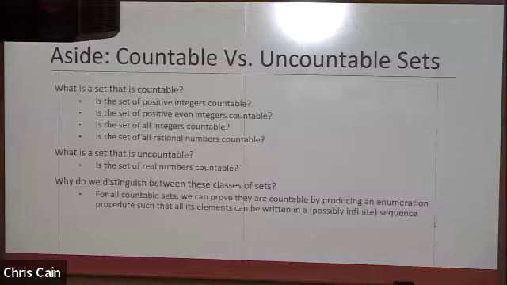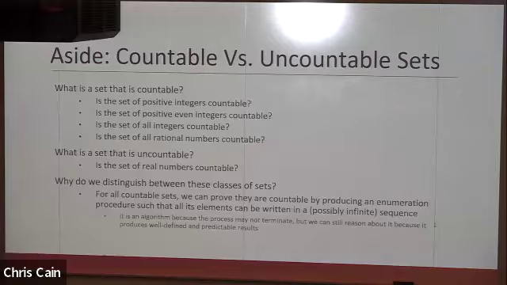If we can do that, then what we have is a countable set. Do note that that process does not terminate because we are doing a conversion between every single one of those numbers. But the important thing is it produces something that is well-defined, that is predictable, and you can't give me a number for which it doesn't work.